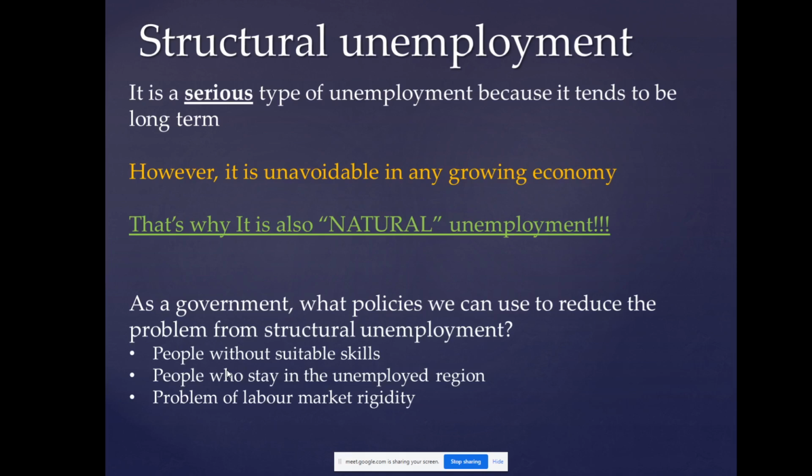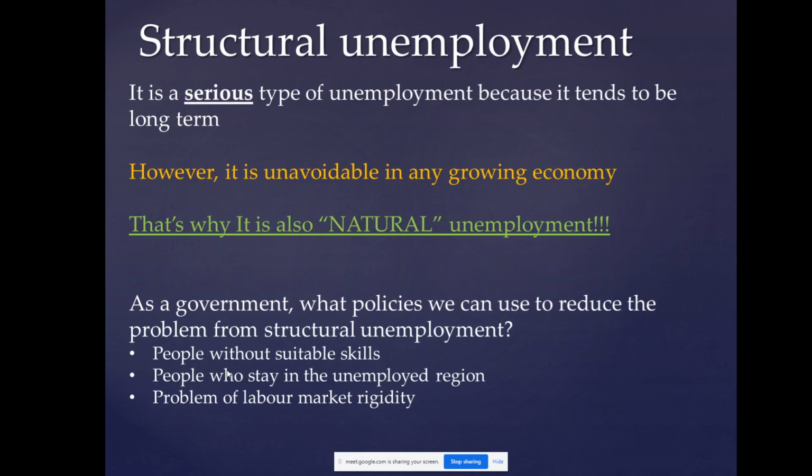So instead of giving incentives for firms to stay in that region, maybe we can give incentives to the people who stay in the unemployed region to go somewhere else. So you see, it's very flexible. As long as you have those points with you, then you got it.